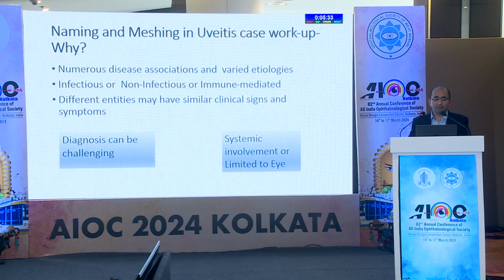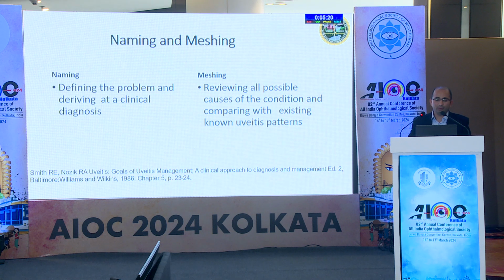And this can lead to diagnosis being very challenging, and also there can be some diseases in which there will be systemic involvement also, and others which will be limited to the eye only. So if we have to solve a problem, first we will have to define the problem. So this is where naming comes into the picture.